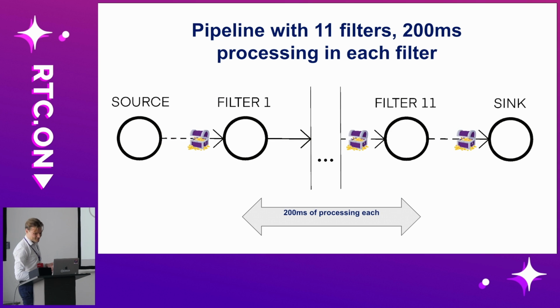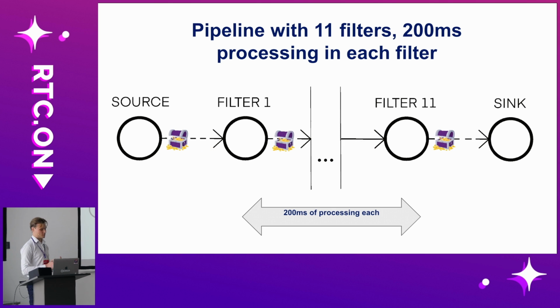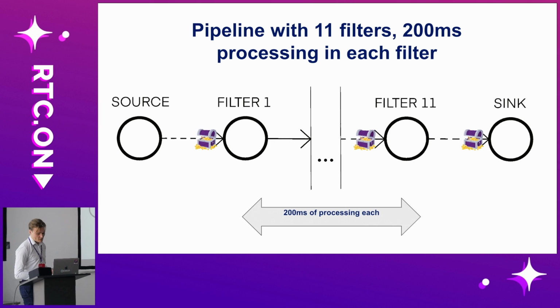But let's go further. Let's design a very simple processing pipeline. As we can see, we have 11 processing filters. Let's also set some time constraints so that we can reason about this processing. And let's assume that each filter processes a particular buffer with data within 200 milliseconds.